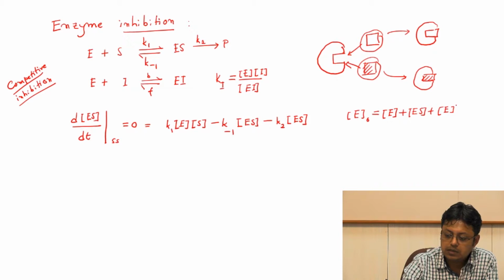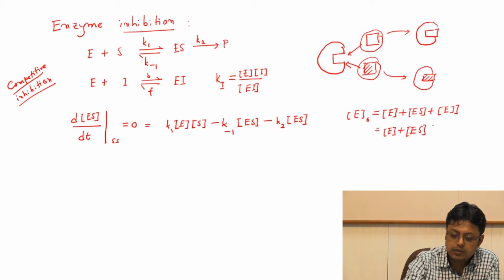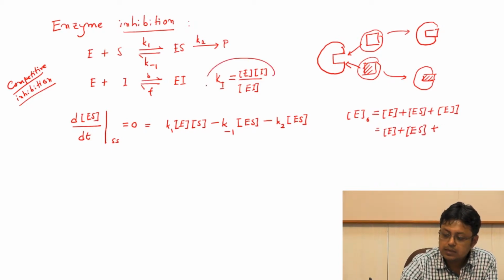We can write the enzyme inhibitor complex using this equilibrium, so it is E0 equals E plus ES plus E times I divided by Ki.